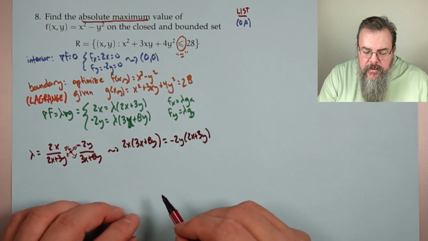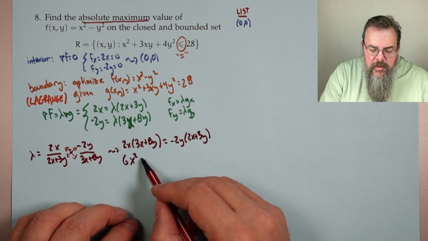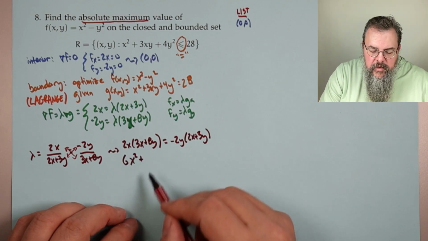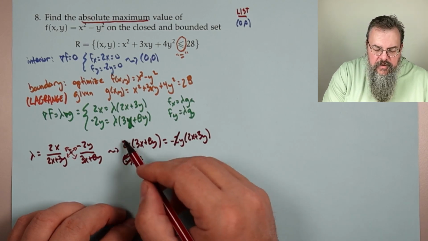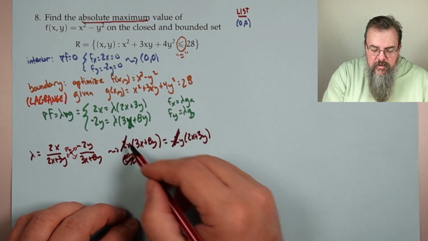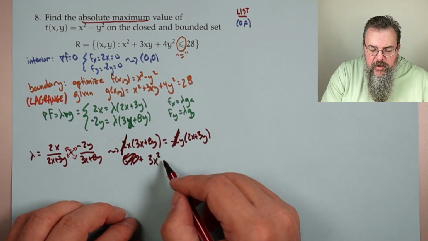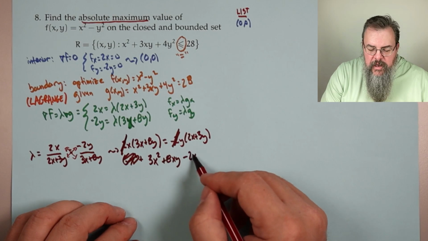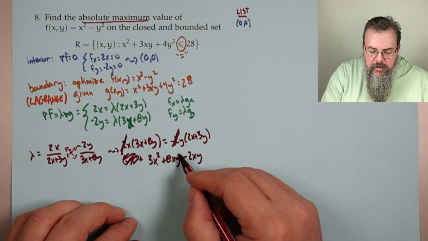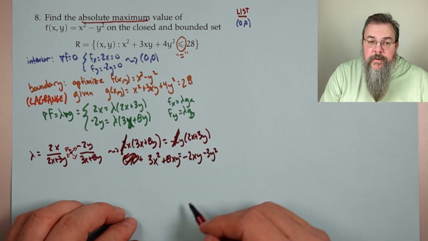Actually, before I do this, let me just cancel the 2's, because both sides have a 2. So that gives us 3x squared plus 8xy minus 2xy equals minus 2xy minus 3y squared.